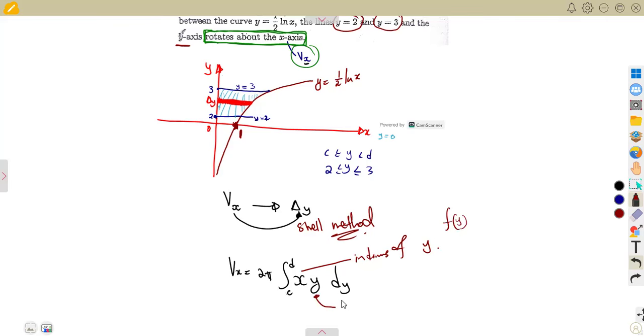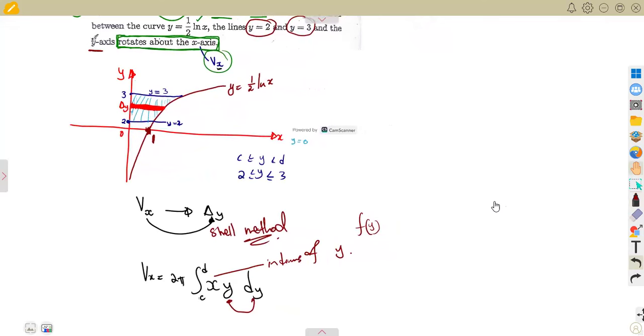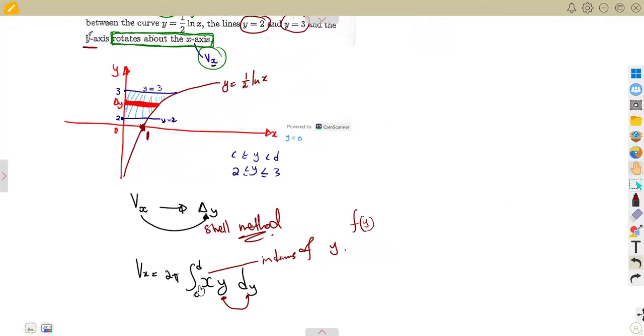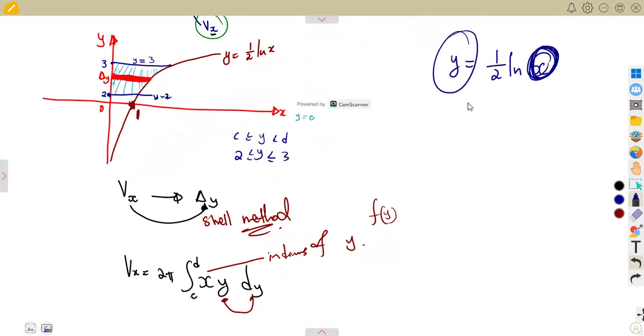The y is already there, so there's nothing to be substituted. So the question is, where can we have x written in terms of y? From our original function, y is equal to a half of ln of x.